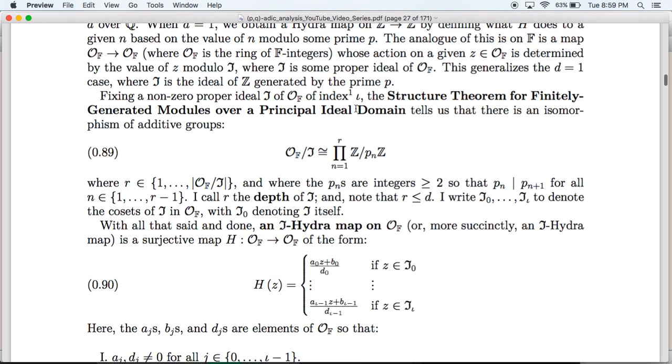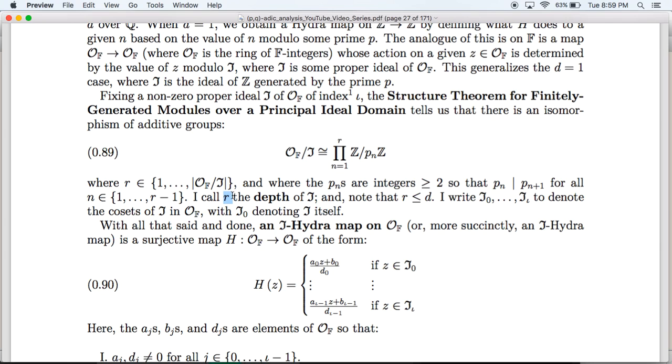So index I, the structure theorem for finitely generated modules over a principal ideal domain tells us that there is an isomorphism of the additive groups: O_F mod I is isomorphic to the product of the additive groups Z mod p_n Z, where n is between 1 and R, R is between 1 and the index of our ideal, and where the p_n's are integers greater than or equal to 2, such that p_n divides p_{n+1} for all n from 1 to R minus 1.